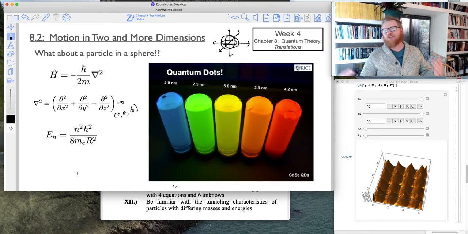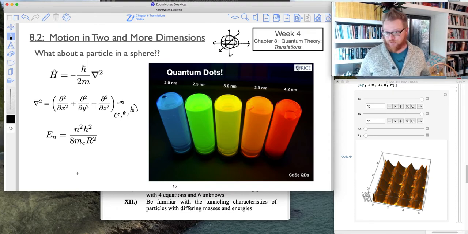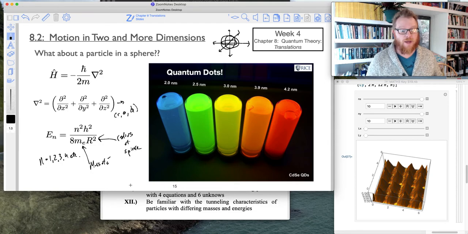But you still get a solution that's practically identical to our particle in a box solution, which is really cool. This also establishes the same situation with n. N equals 1, 2, 3, 4, etc. m is the mass of an electron, and now this r is the radius of the sphere. And so we established the same thing here.